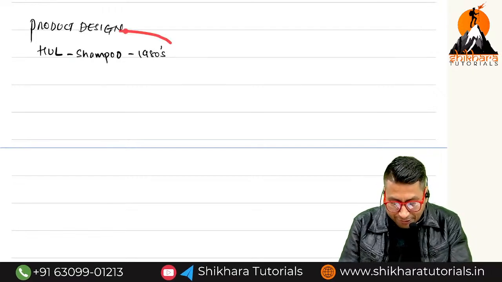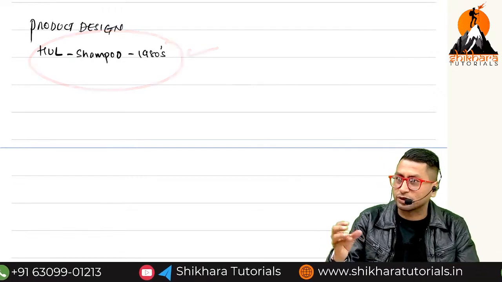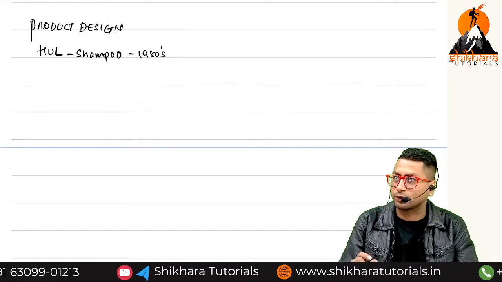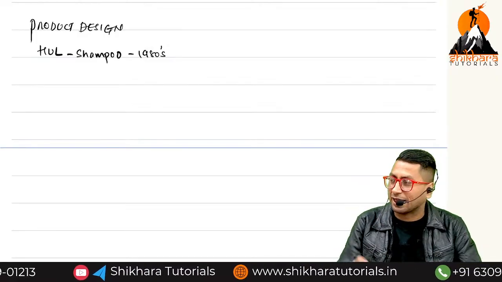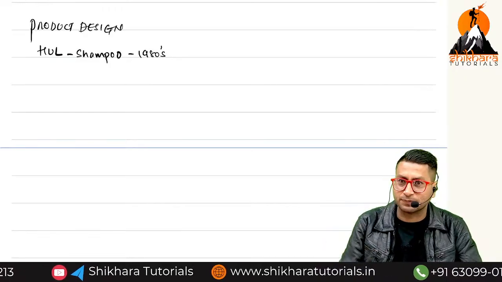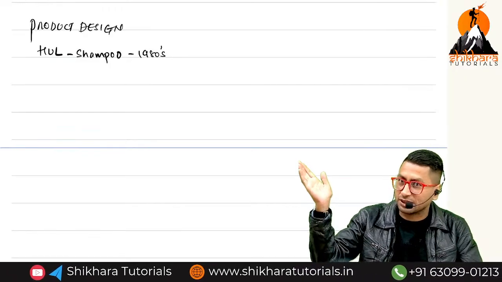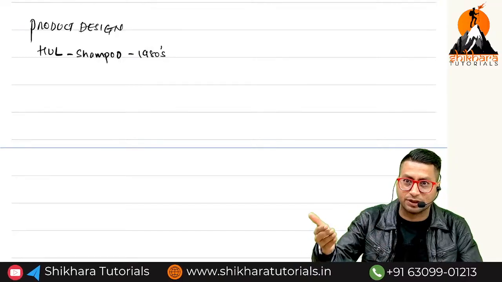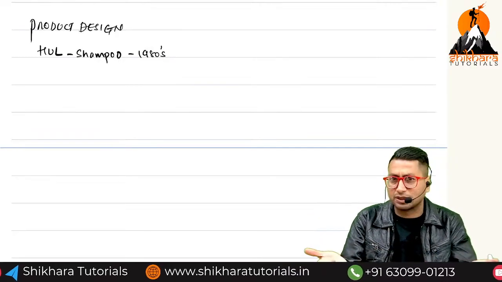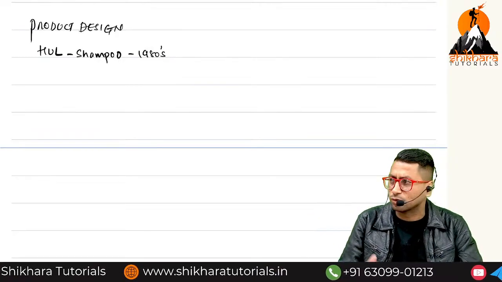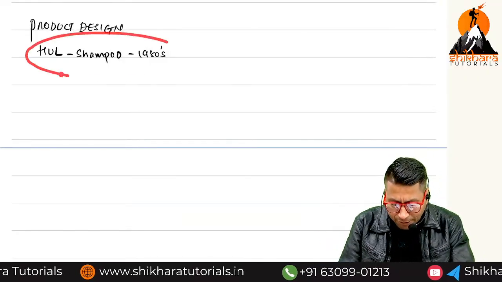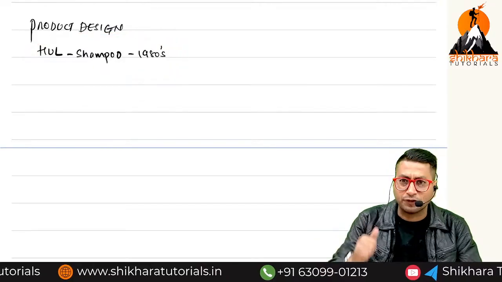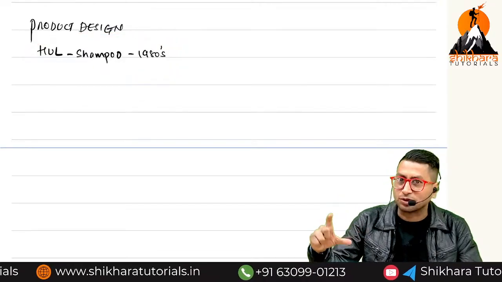But the problem was shampoo was not there in sachets. Shampoo was there in big bottles, and those bottles were very expensive. In India in the 1980s, only about 35 years after independence, that much awareness was not there. So people were not buying much shampoo, that too because it was costly.